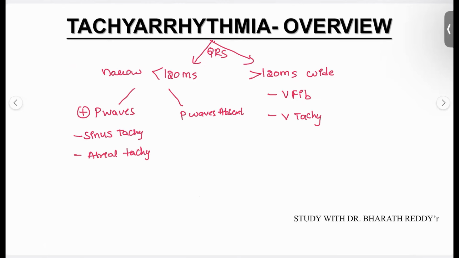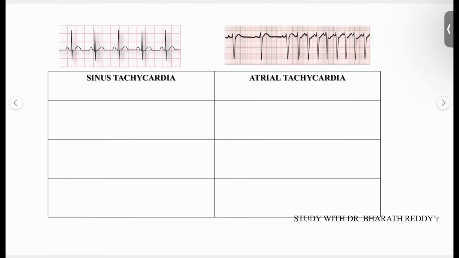And atrial tachycardia has sub-classifications: one is atrial flutter and another is multifocal atrial tachycardia. This is also part of atrial tachycardia. Where P waves are absent, it is usually atrial fibrillation and paroxysmal supraventricular tachycardia. So this is the classification of tachyarrhythmias. Let's see each and every example.